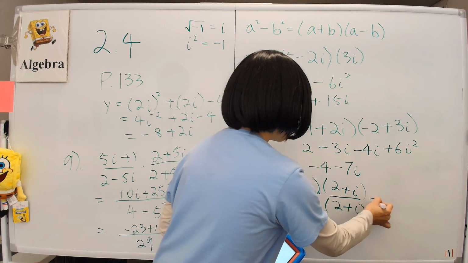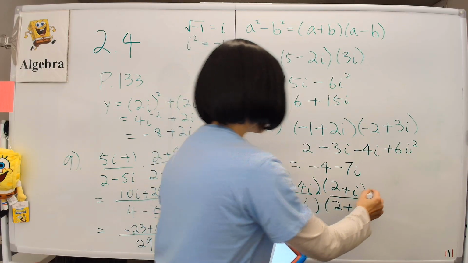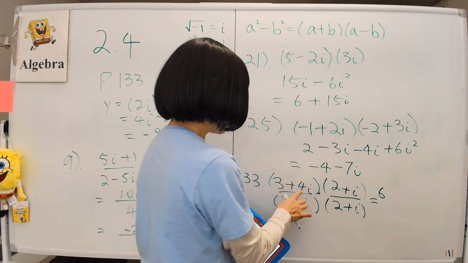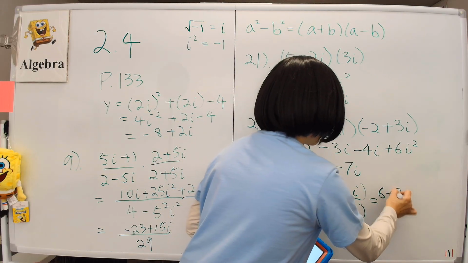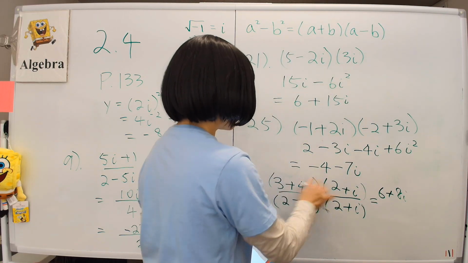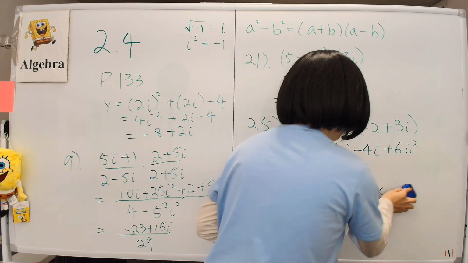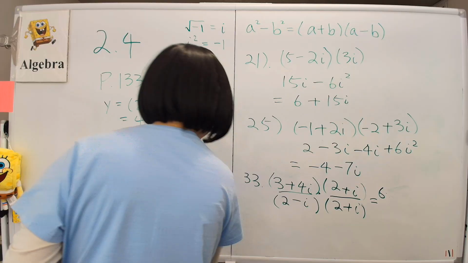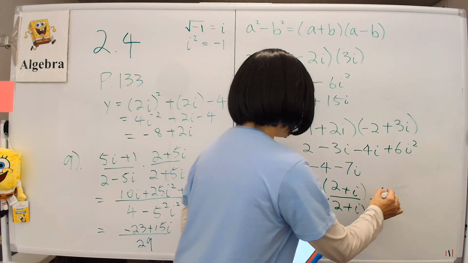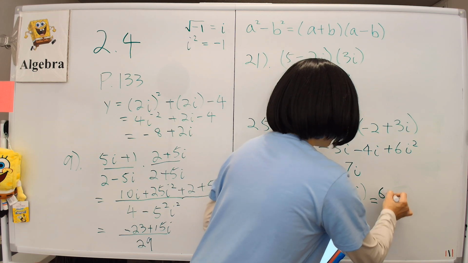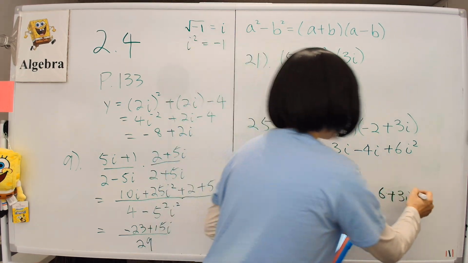To multiply this stuff out, we have 3 times 2 is 6. And then 4 times 2 is 8, plus 8i. Sorry, I was not being systematic. We need to do it one at a time. So we have 3 times 2, and then next 3 times i is 3i. And then plus 4 times 2 is plus 8i.